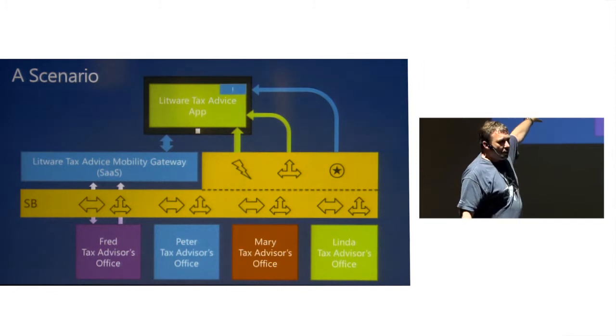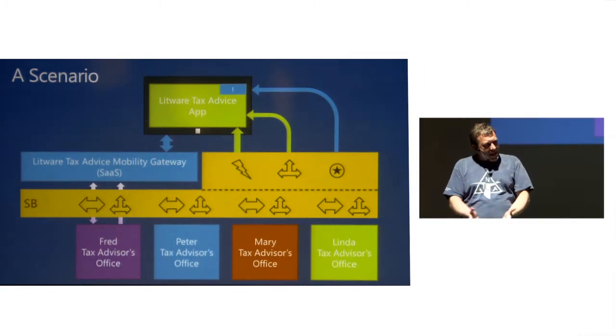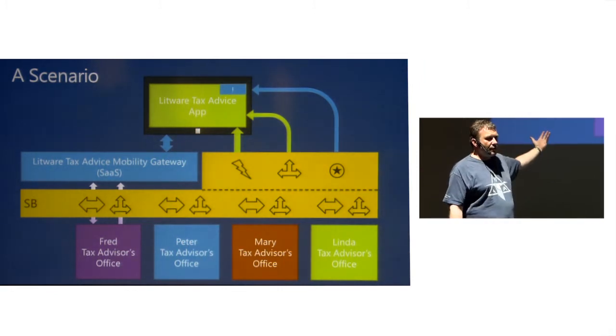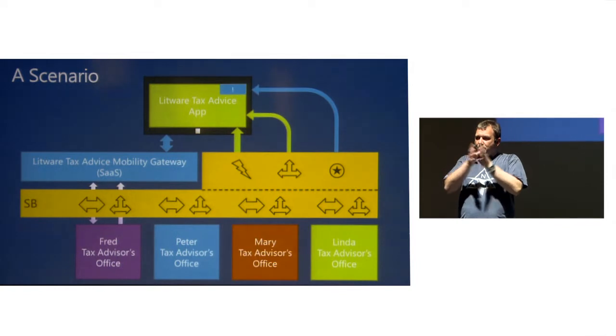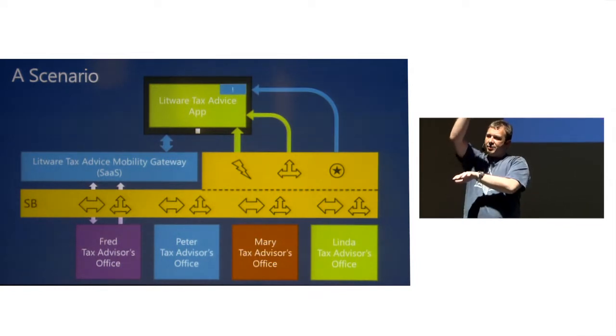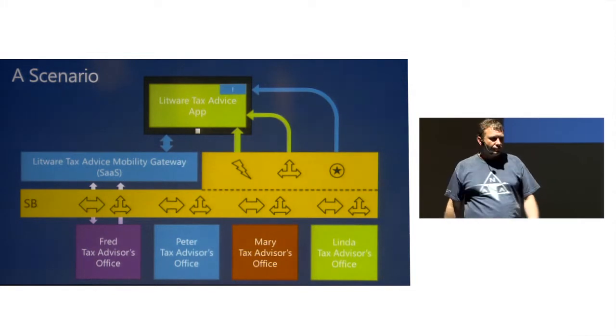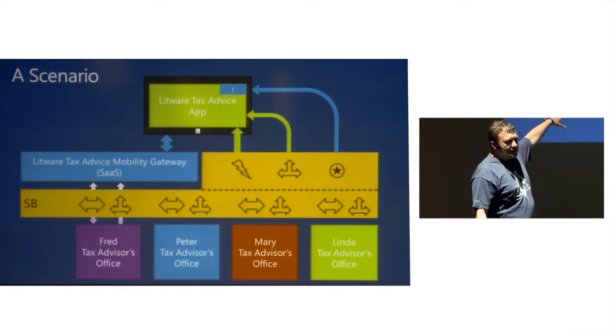So this mobile gateway basically takes the data that comes from the client side, reaches into the client side, grabs a bag of data, and then effectively presents it in the form as web services to the iPad app, which then talks to it. So that's a gateway solution.